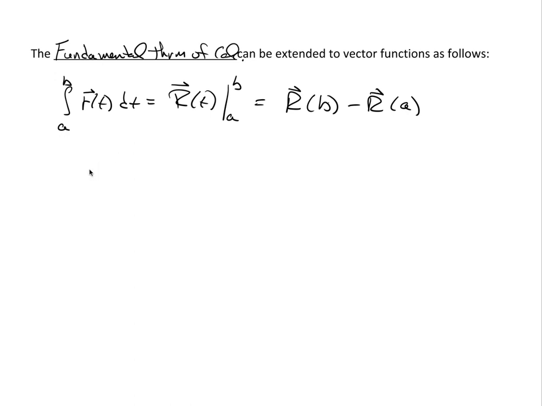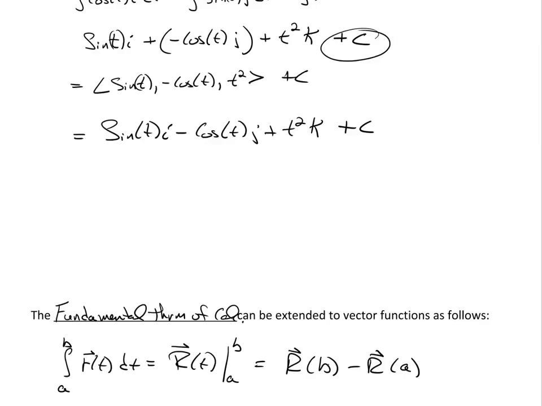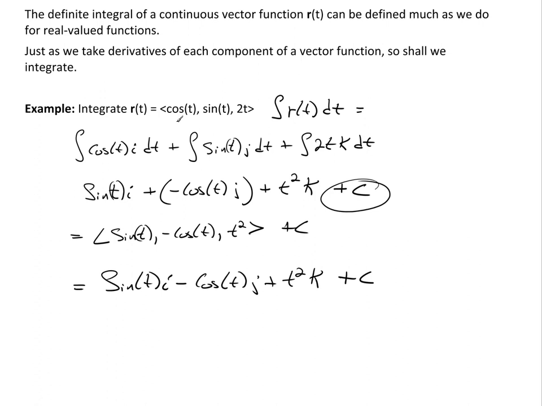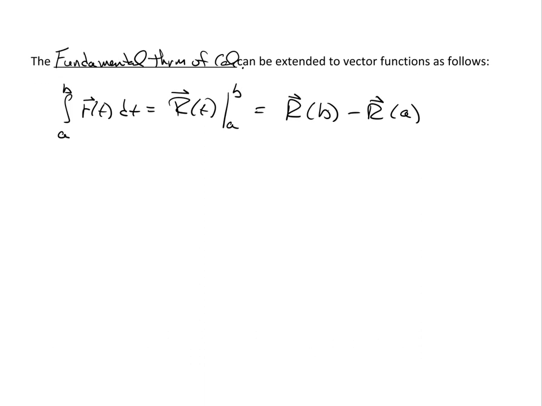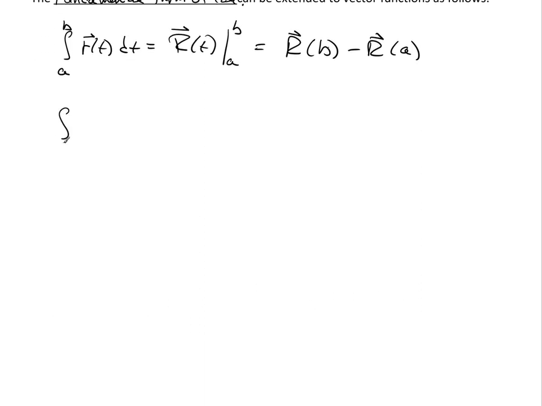So take a look at this previous example where r of t is this guy. I'm going to take the integral from, say, 0 to pi over 4 of r of t dt. That's going to be equal to, in component form, sine t, negative cosine of t, t squared evaluated from 0 to pi over 4.